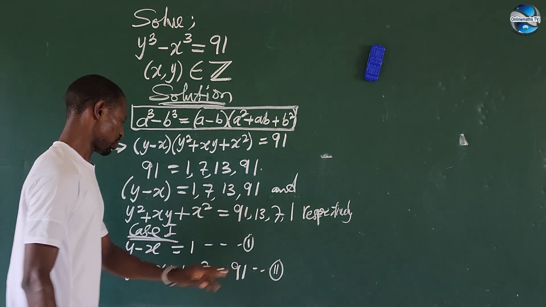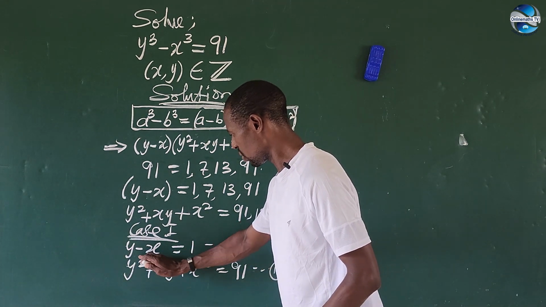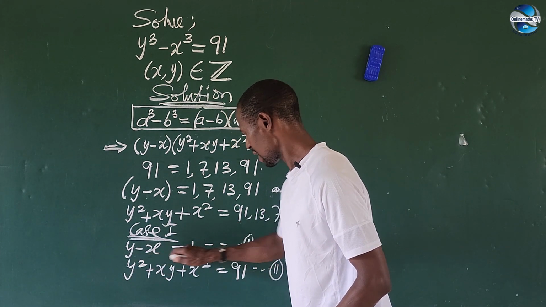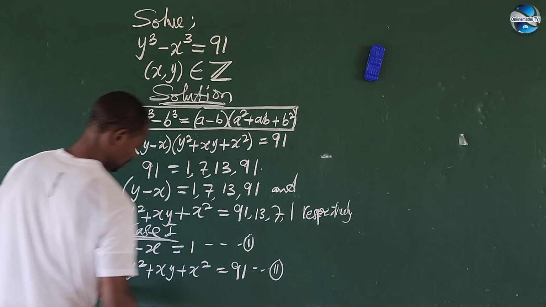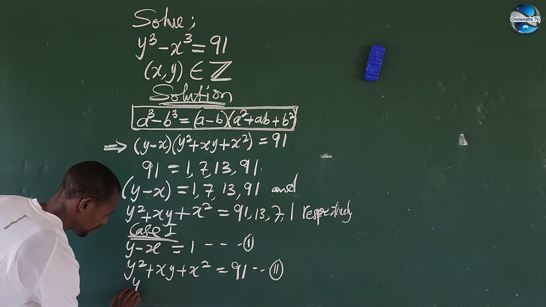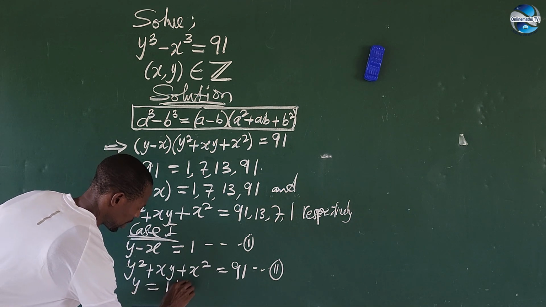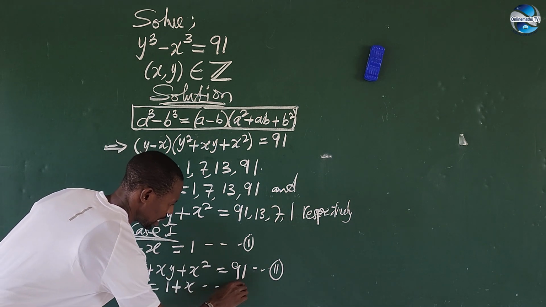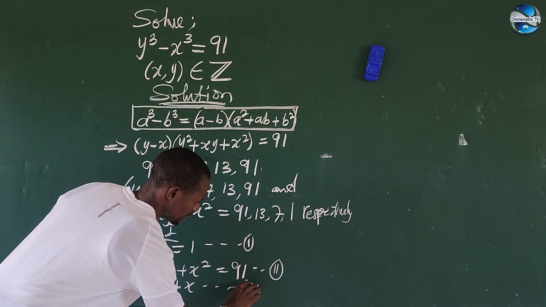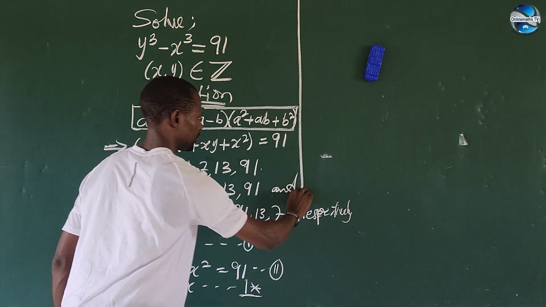So from equation 1, what we do here is easy. Let's make y the subject of the formula by moving minus x to this side of the equation. So if we make y the subject of the formula from equation 1, we're going to have y equal to 1 plus x. Let's give this as our equation 1 star. Okay, so let's continue.